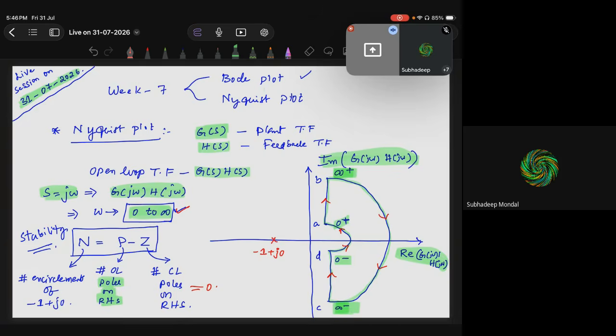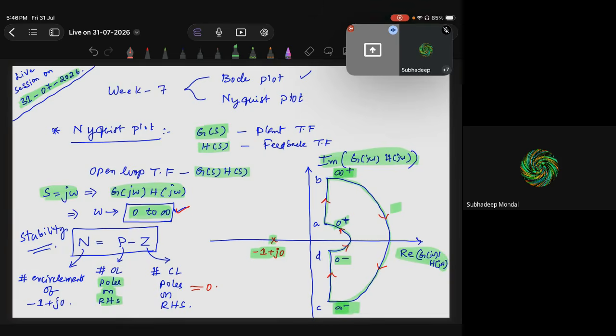Okay. Once we plot this, we will check whether this curve is encircling this point or not. Here in this image, it is not encircling. Encircling means what? While we go through these arrow marks along the curve, the point should be either inside the curve or outside the curve.